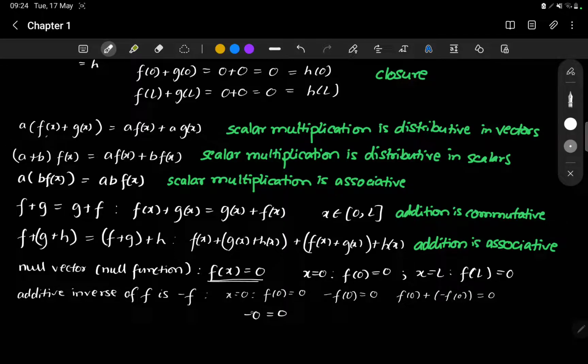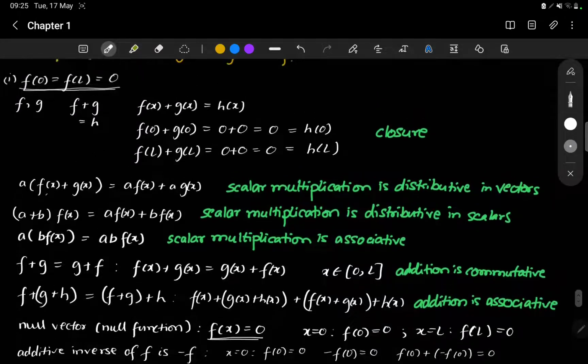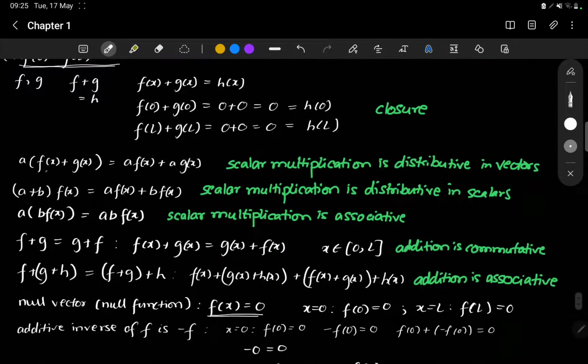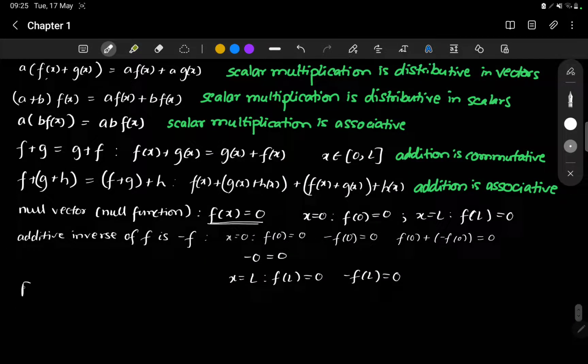Similarly at the other endpoint, f of L equal to 0, and the negative of f of L will also be 0, because minus 0 is the same thing as 0. So this function class has the null function and it has the additive inverse. So this certain class of functions indeed forms a vector space. The conclusion is that this forms a vector space.